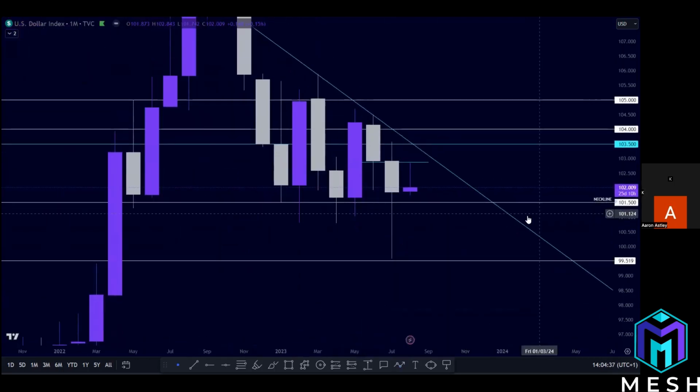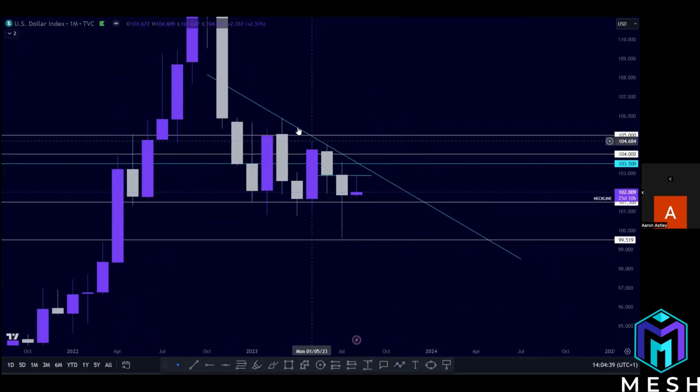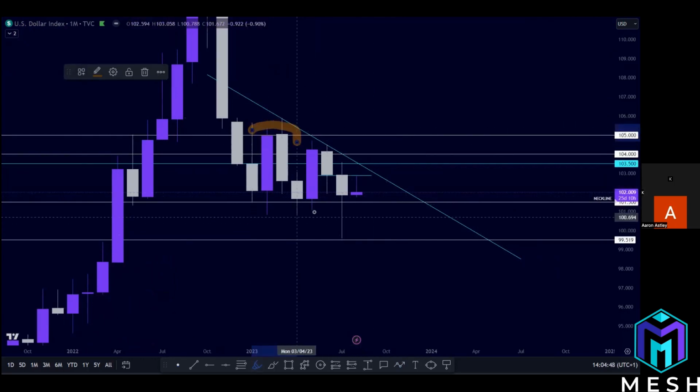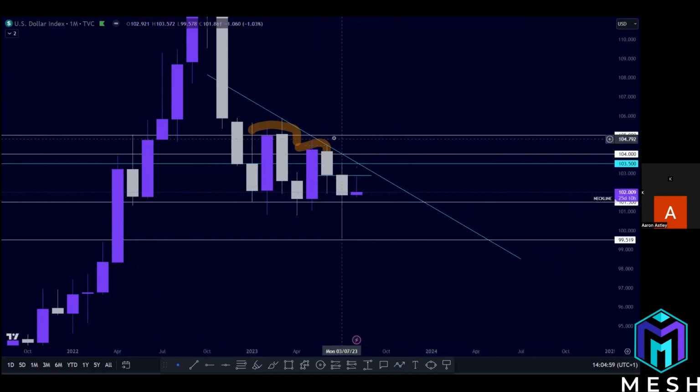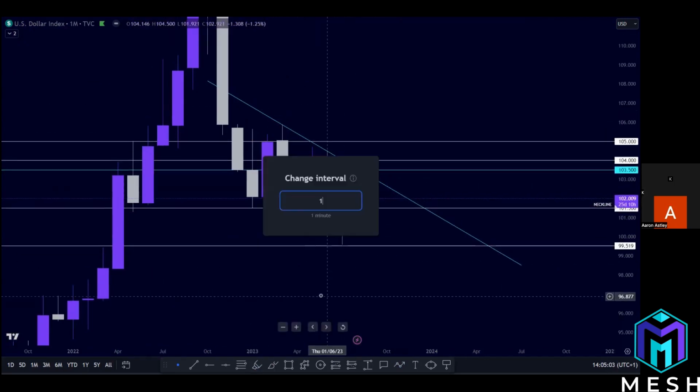But yeah, we're still trading bearish into this important area of support within this descending triangle, and we're making these lower highs on the way down. So potentially to make another lower high here before breaking this very important area of support. So as you can see, bearish on the monthly.